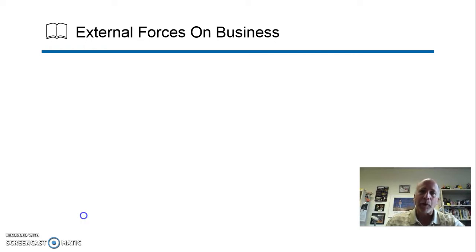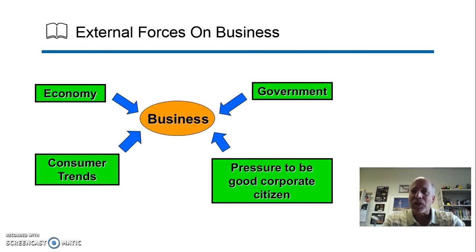There are also a number of forces from the outside that impact businesses. So if we take a look in the upper left-hand corner, we have the economy as a whole. Now we're going to talk a little bit more in depth about the economy in a minute, but the economy is the activities that are going on around us.